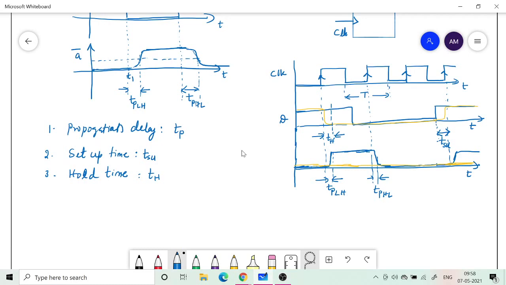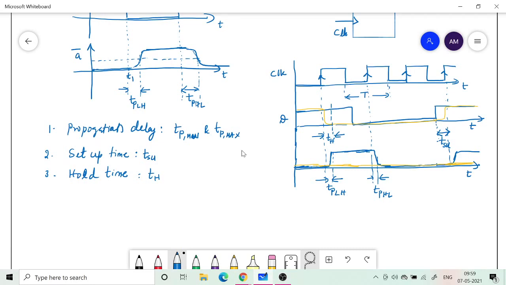So we usually talk about TP min and TP max, depending upon whether TPLH is bigger or smaller. So in this particular case, the way I have drawn, TPLH is smaller, so that is TP min, and TPHL is TP max, which is the maximum of the two.